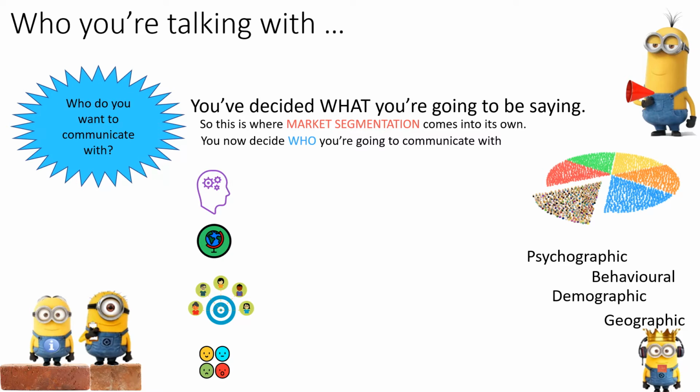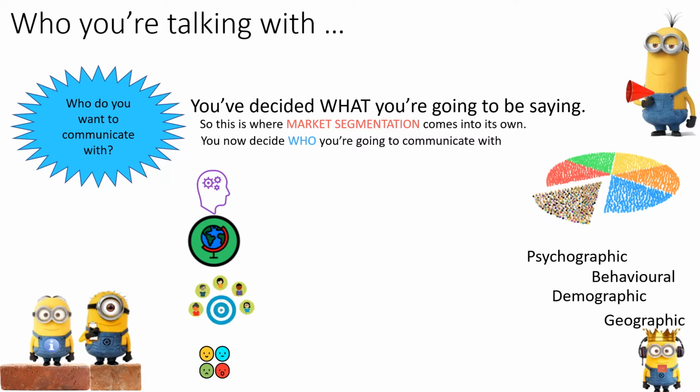This method divides the market based by consumer personality traits, their values, their attitudes, their interests, and their lifestyles. This method segments the market by area, such as cities, counties, regions, countries, and international regions. It can also break a market down into rural, suburban, and urban areas.